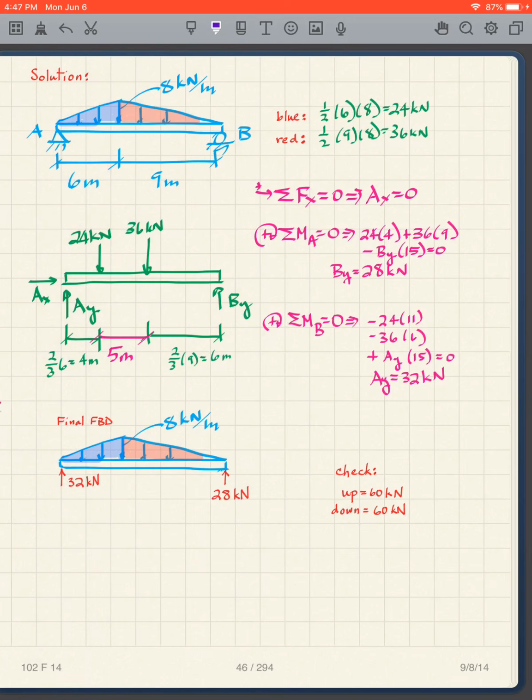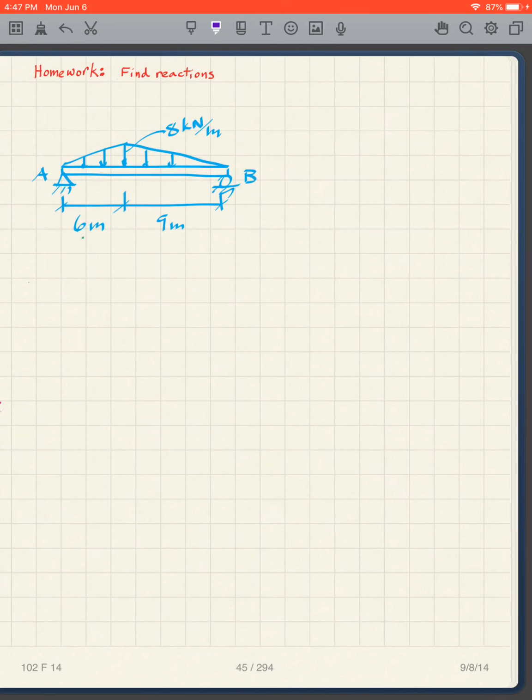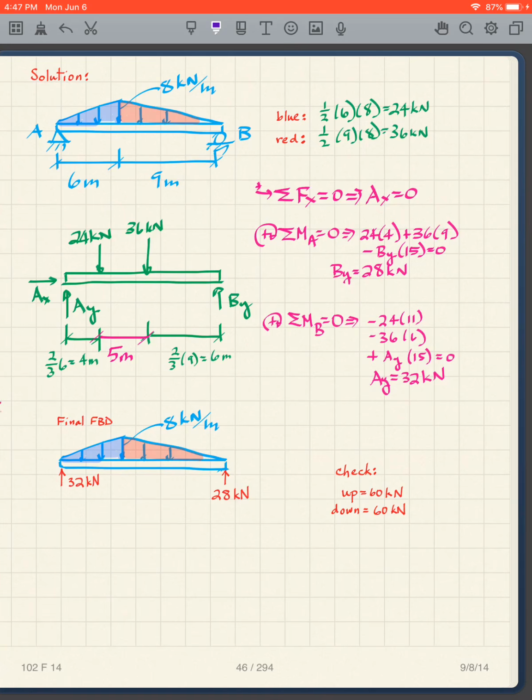So now what do we have? We've got, again, triangles. And if we look at what was given, we were given this 8 for the centerpiece in the triangle, and then we have 6 meters and 9 meters there. So 1/2 the base times the height of this one comes to 36 kilonewtons.